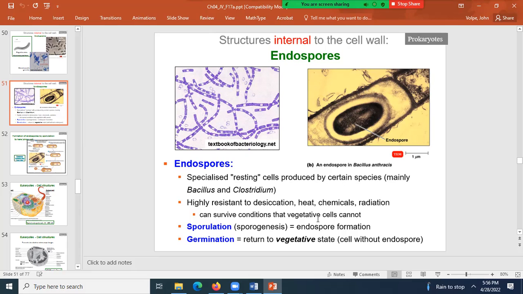Germination is when the endospore germinates to return to a vegetative state, a cell without the endospore. And the vegetative cell is a cell that's metabolically active and can reproduce.